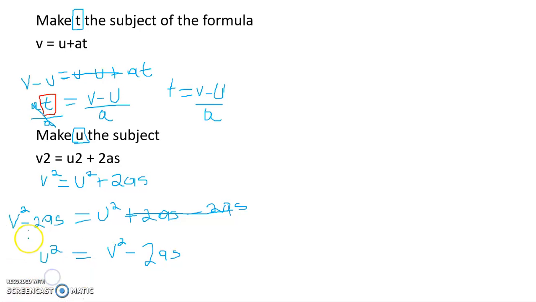So you'll find the square root of u squared and the square root of v squared minus 2as. The square root of u squared will give you u equal the square root of v squared minus 2as.